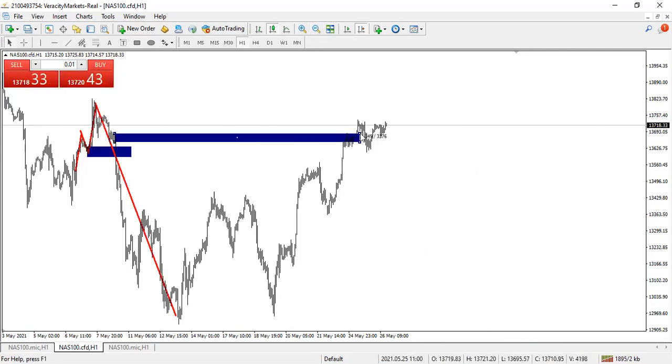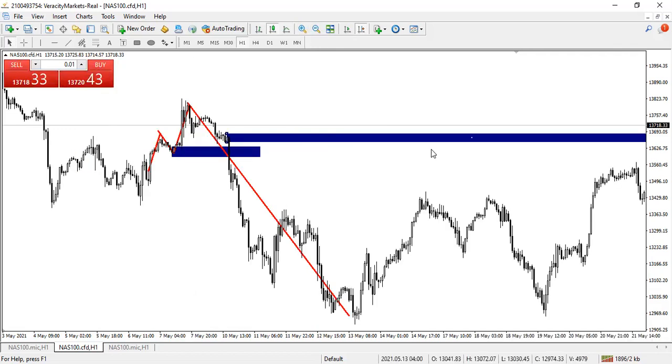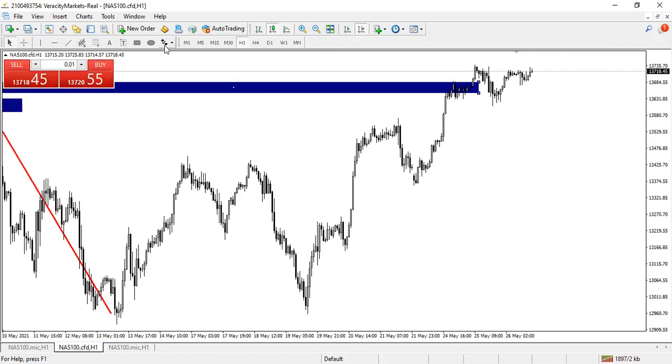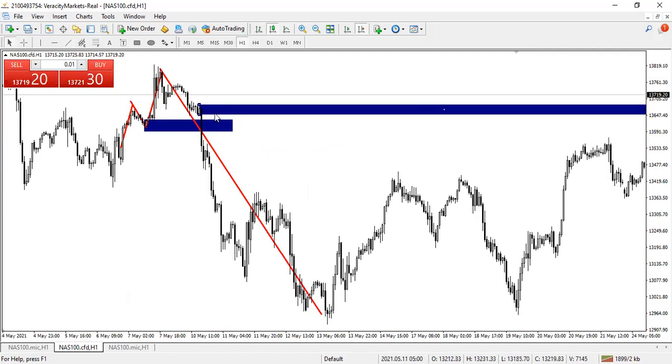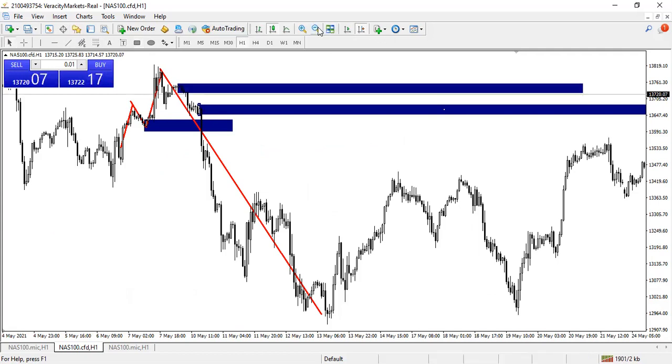It's not fresh. It came and rejected. The first rejection is enough. We no longer take this zone. We have another big candle away from our zone, meaning I'll be testing this one.